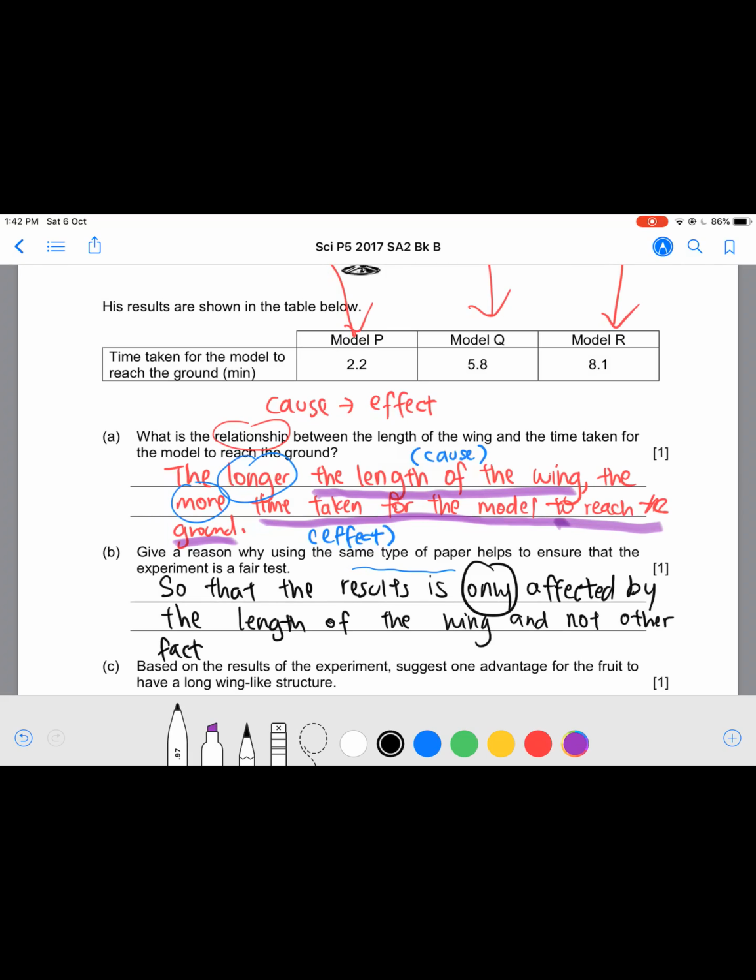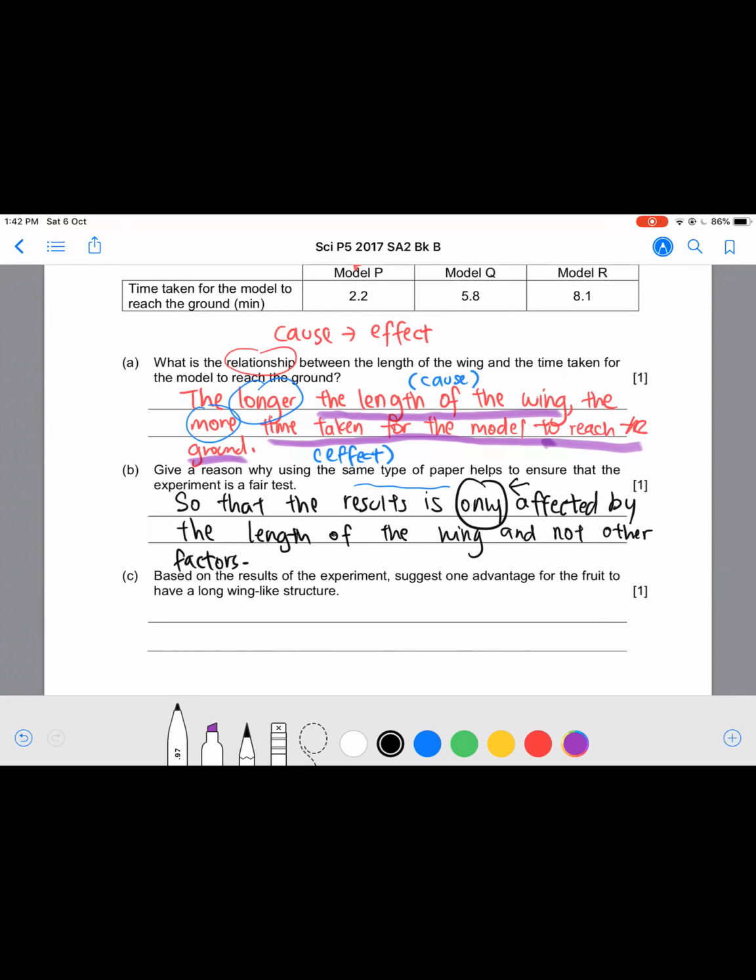Alright, so the idea is that you only want to make sure that the result is affected by one change variable, not more than one change variable. It is only affected by the length. Based on the results of the experiment, suggest one advantage to have a long wing-like structure.